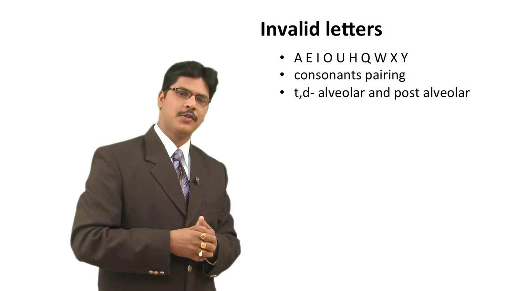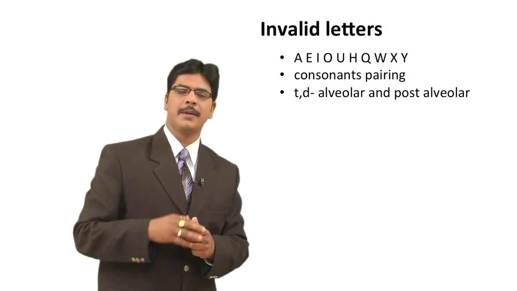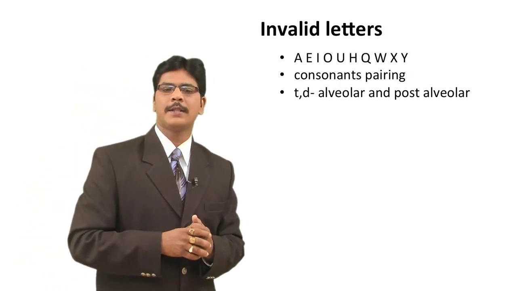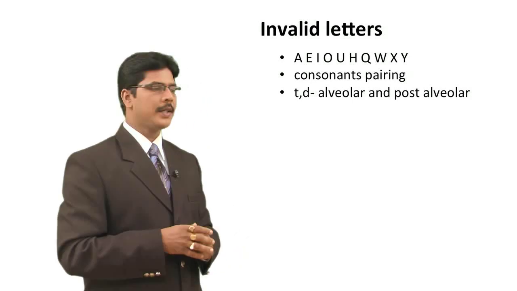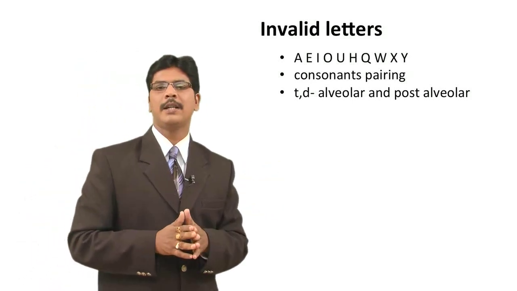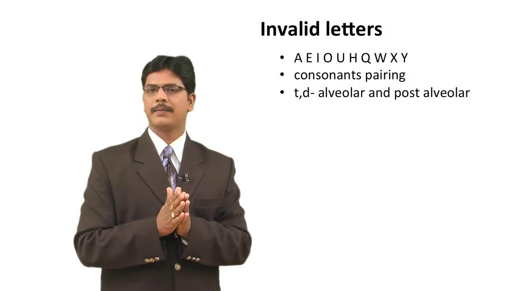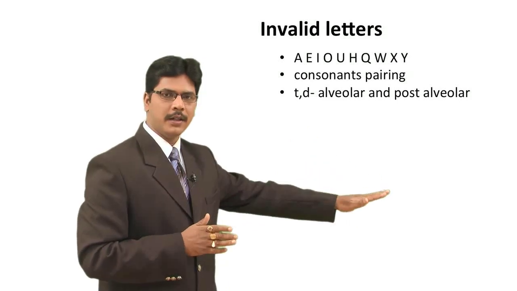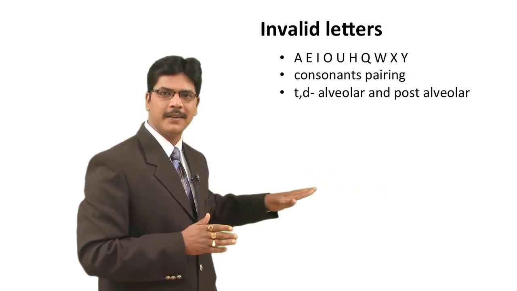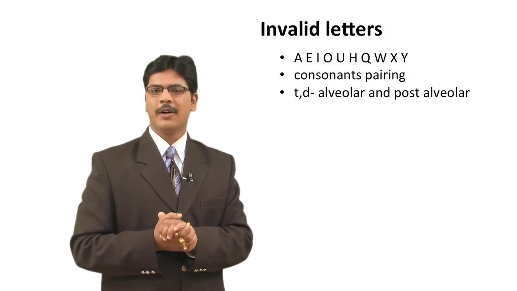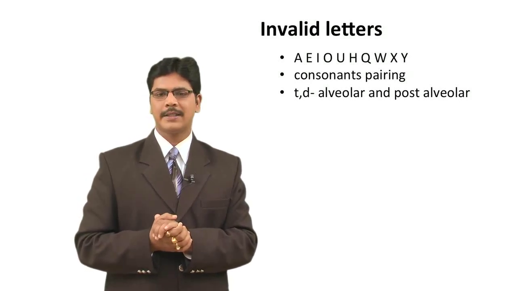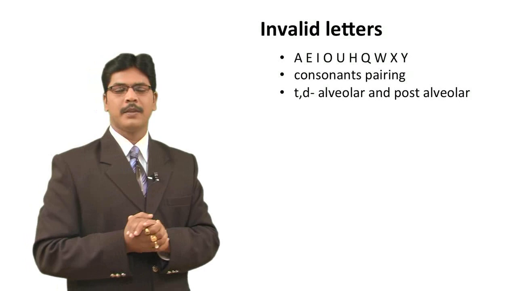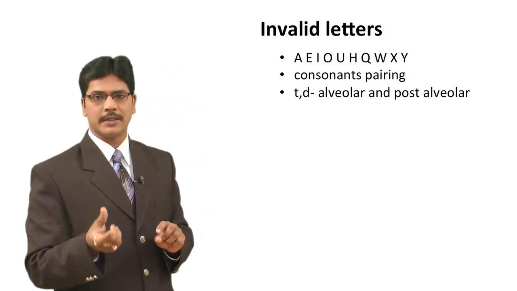Now, in our system, look at the numbers and the phonetic consonants, and tell me, for number 1, what is the phonetic consonant? It is T and D. The sounds are T and D. Now look at the table there. T and D come from the same line, because they are called alveolar sounds.